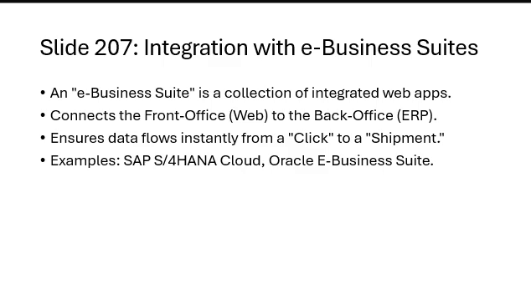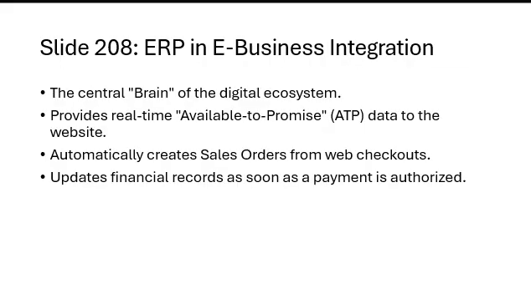Examples are S4HANA Cloud and Oracle Suite. Integration will improve efficiency across digital business process, providing a seamless connection between customer and operation, and reduce errors by automating data transfer between systems.